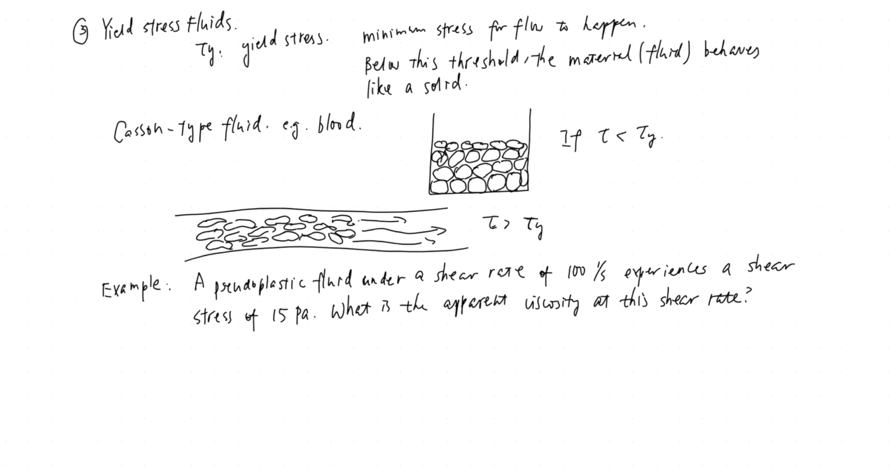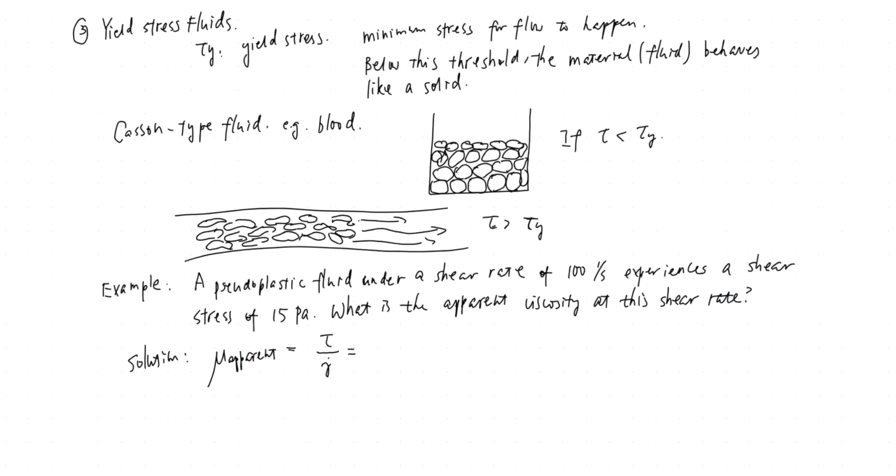For this problem, we will use the definition of apparent viscosity. Mu apparent equals the shear stress at the corresponding shear rate. So this should happen at the same time.